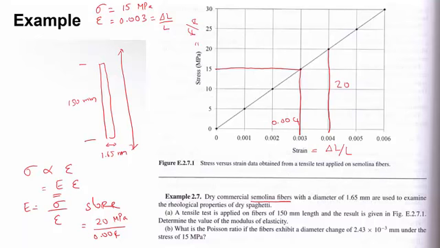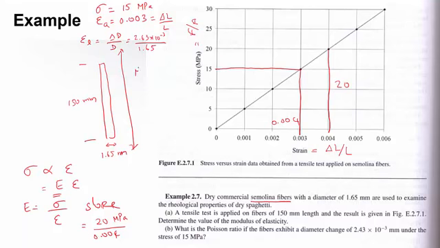That's the axial strain. The lateral strain is delta D by D, which is 2.43 times 10 to the power minus 3 divided by the diameter, 1.65.